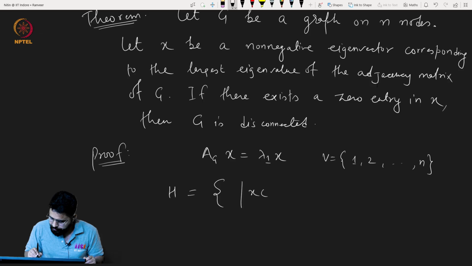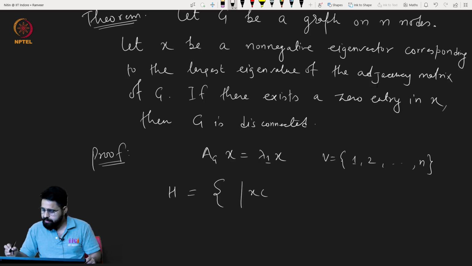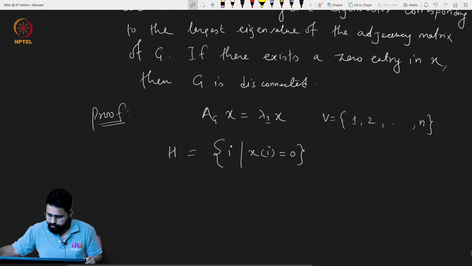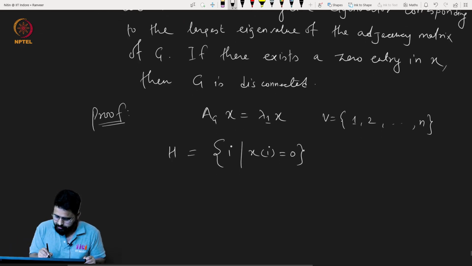Suppose this consists of all the vertices i such that xi is equal to 0. Okay, and so these are the vertices.